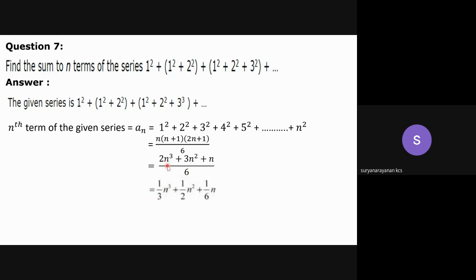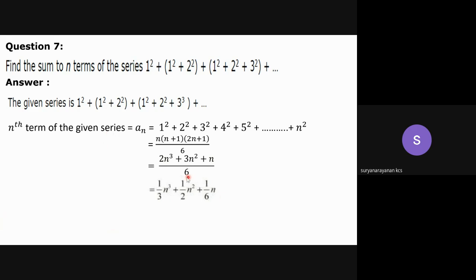So by simplifying, we get 1 by 3 into n cube, plus 3n square by 6, what will you get? 1 by 2 into n square, plus 1 by 6 into n. Understood these three terms, my dear children? We have split this entire fraction into three terms. This is nothing but the nth term of the given series. Okay, my children?